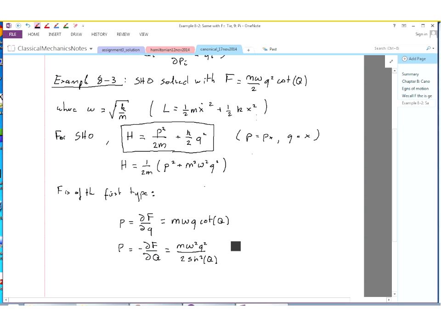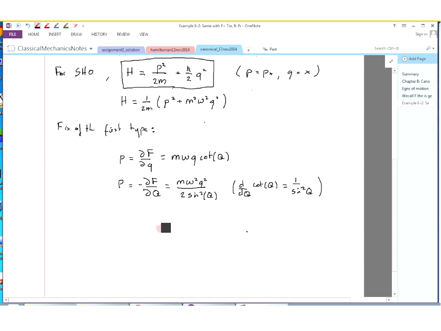So to do that, we had the derivative with respect to capital Q of cotangent of Q equals 1 over sine squared Q. Okay?